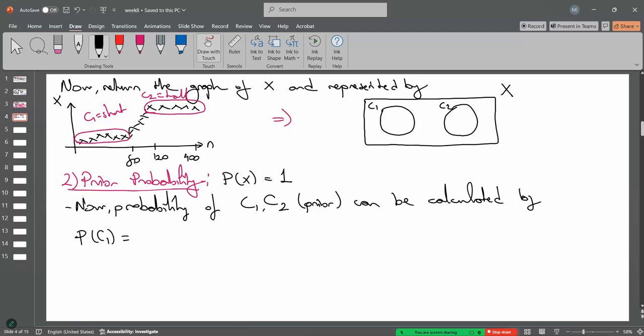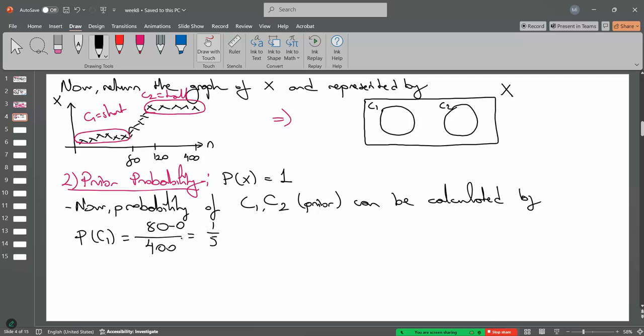Only 80 values are given in here, so 80 divided by 400, because we have only 400 data in here, which means that this is 1 divided by 5.